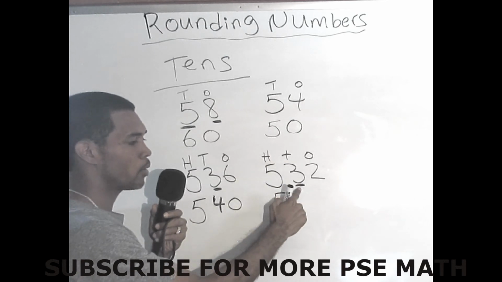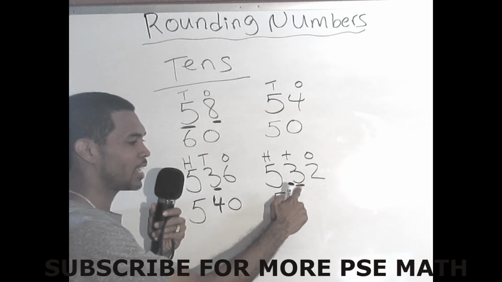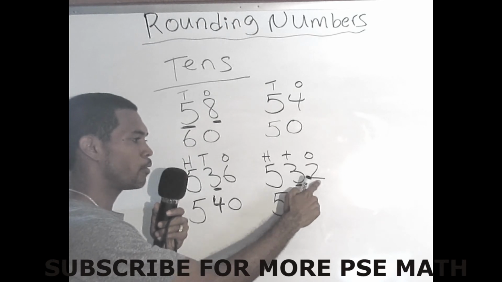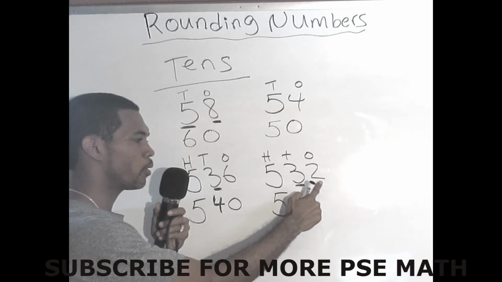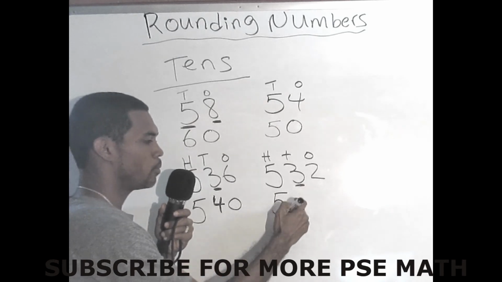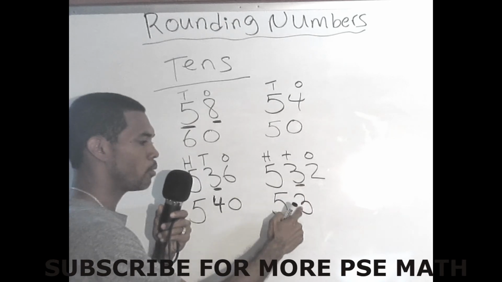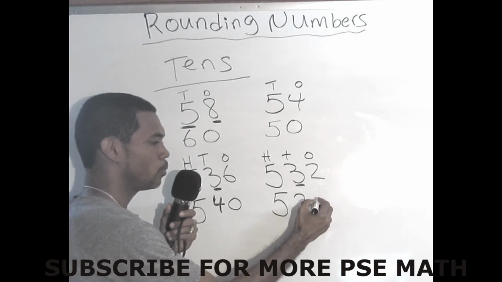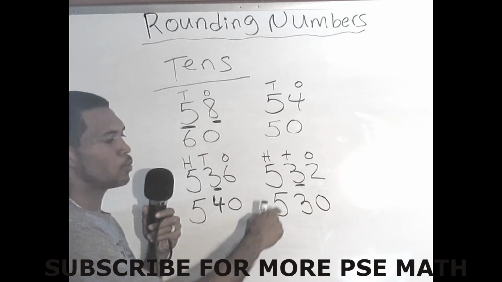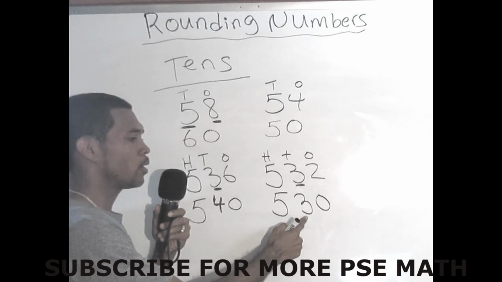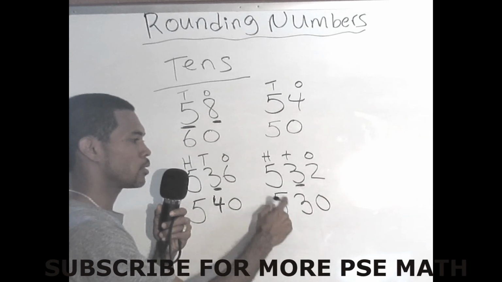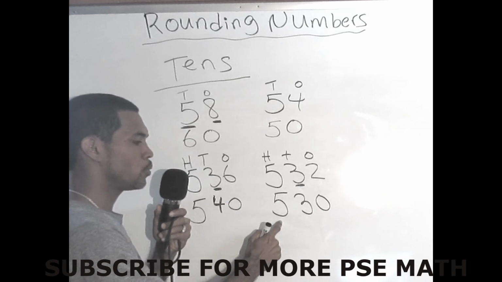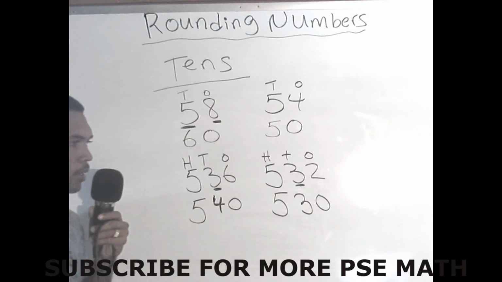And we locate our 3 that we're rounding in the tens place. And the number before it, the rule says if it's 0, 1, 2, 3, or 4, the number that you're rounding remains the same. So the 3 remains the same, and that 2 becomes 0. You don't have to add 1, just make the next number 0. So 532 is rounded to 530.